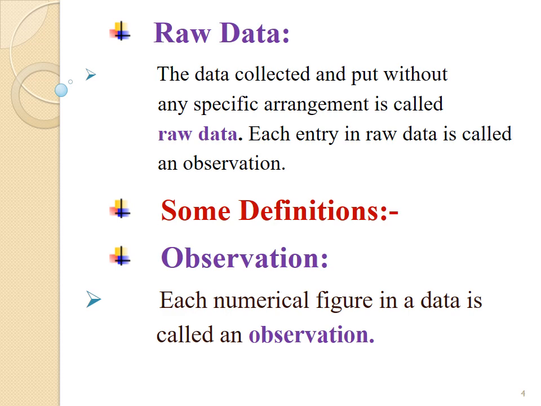To understand the data in a better way, we arrange the data either in ascending or descending order, which is called an array. Now, some definitions. Observation. Each numerical figure in a data is called an observation.